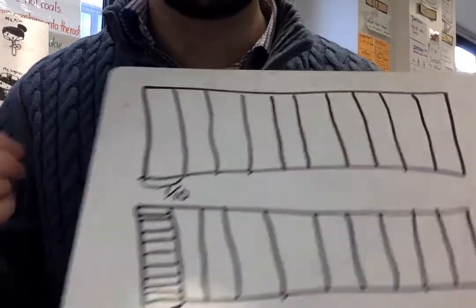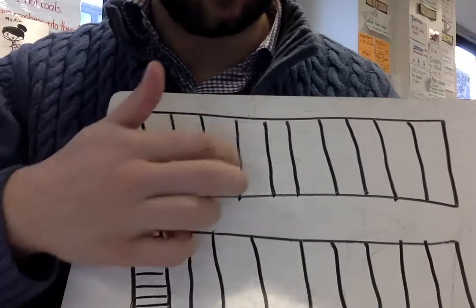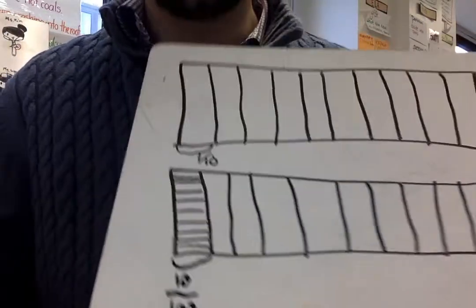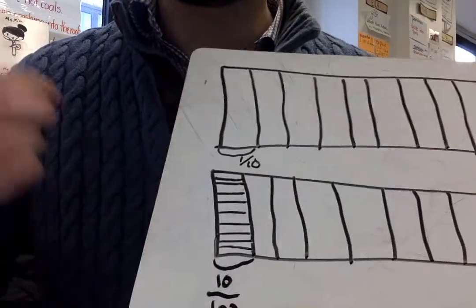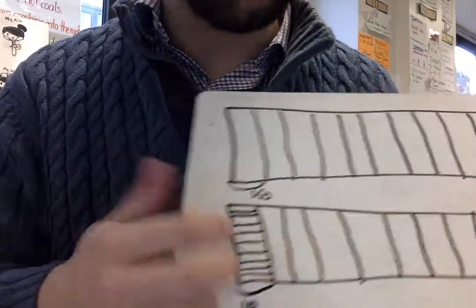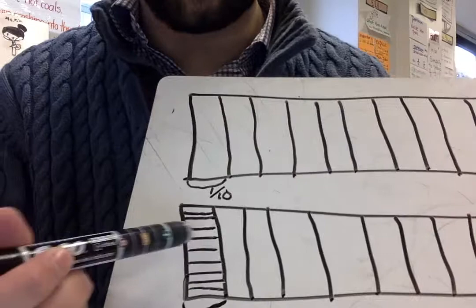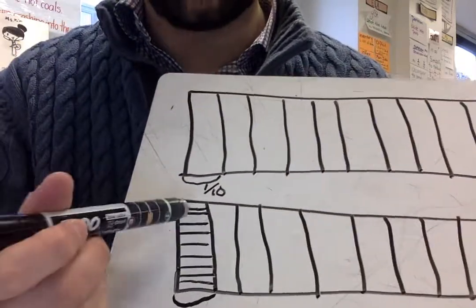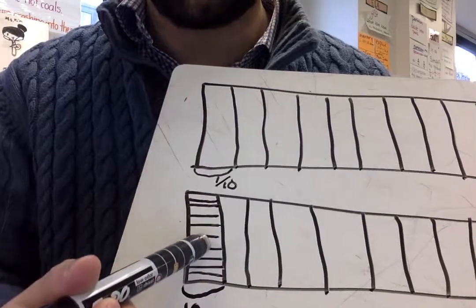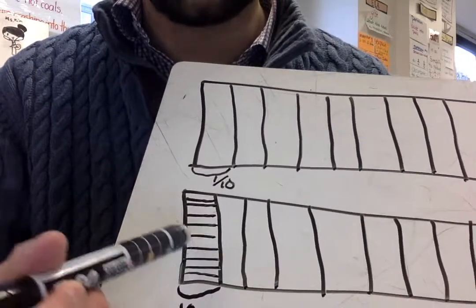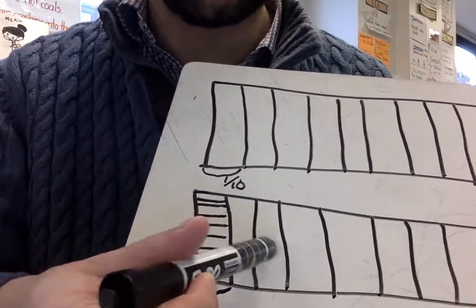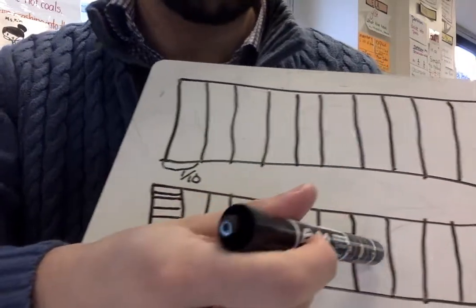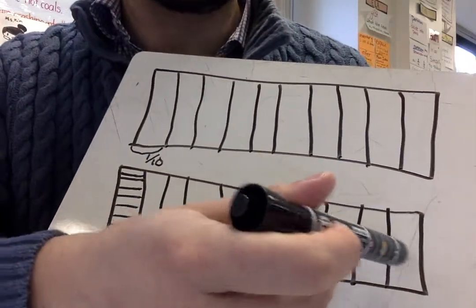Now, we have two strategies we can use to show our place value. I've drawn two tape diagrams, and there are 10 spaces in this first tape diagram, and each of these spaces, just like yesterday, represents 1/10. If we decomposed each of these 10 parts into 10 smaller parts, we would have 10, 20, 30, 40, 50, 60, 70, 80, 90, 100.